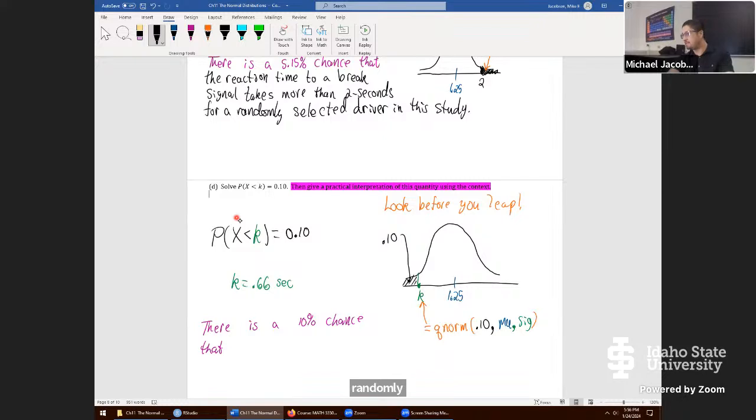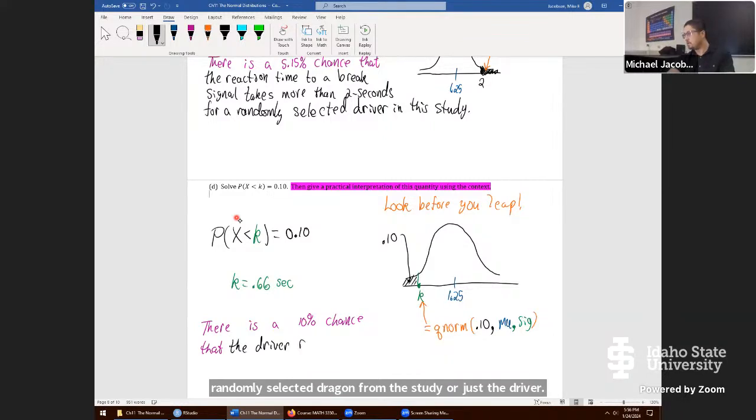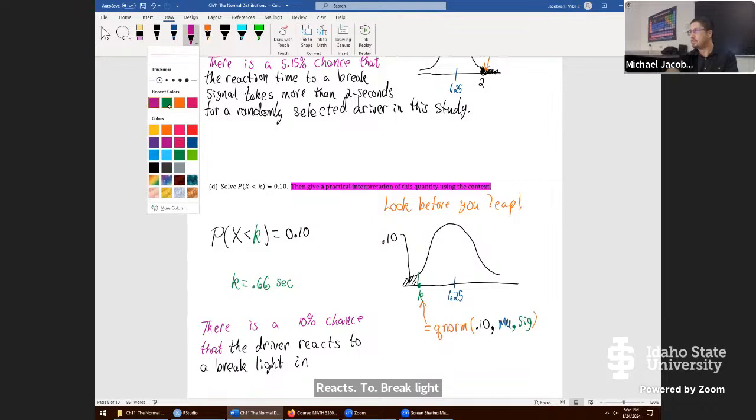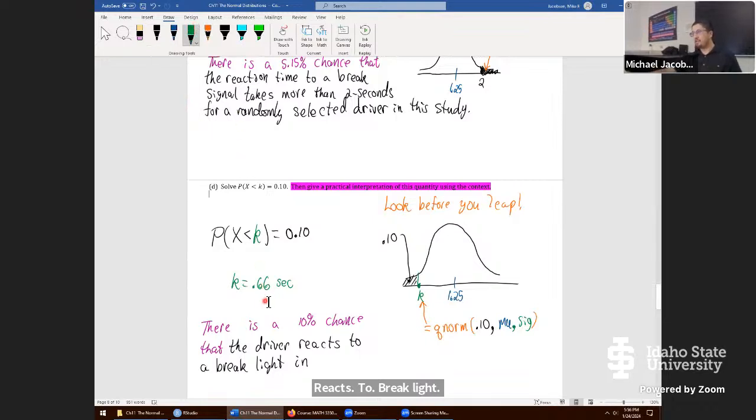Let's go with that route, that the driver reacts to a brake light in, now we can say the units right here, or the amount right here, 0.66 seconds. Or less.